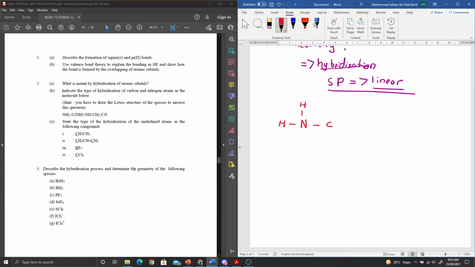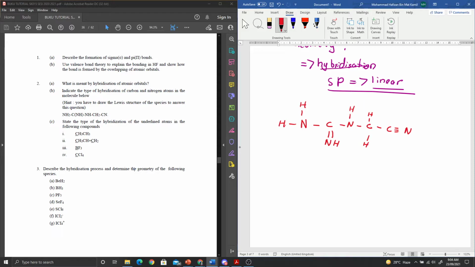Then in the brackets it is NH, and then another N, H, and then C, H and H, and then C triple bond N. So the thing is, you need 1, 2, 3, enough.